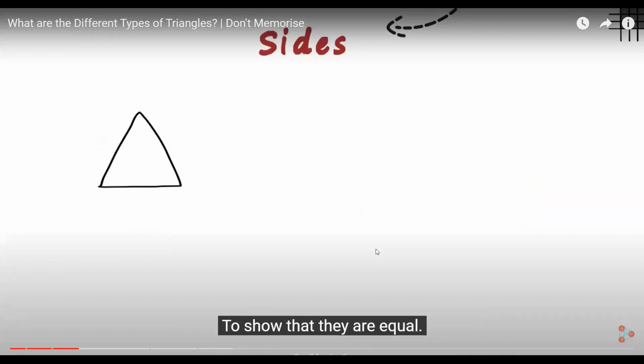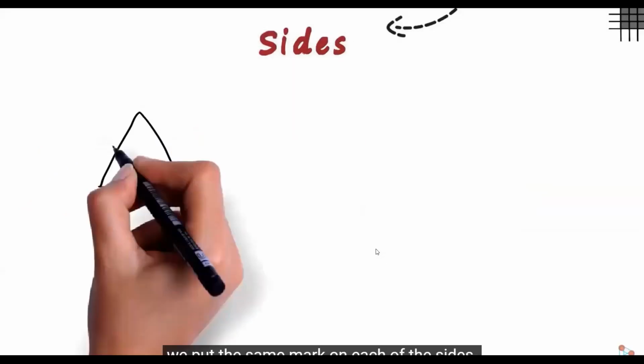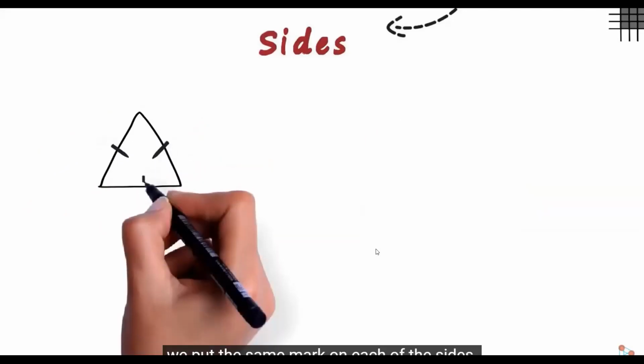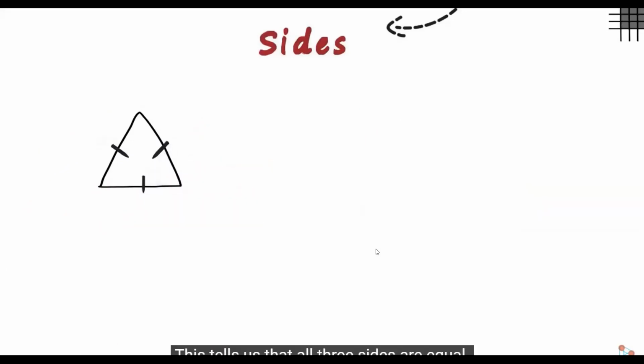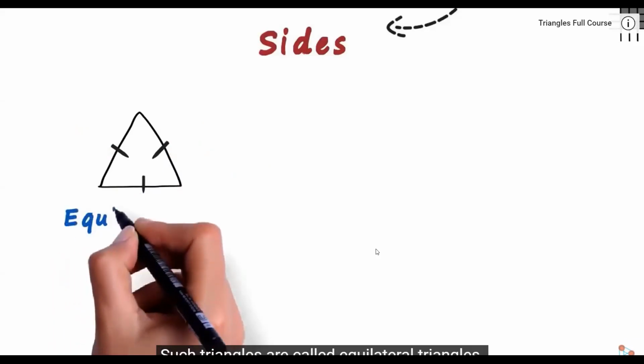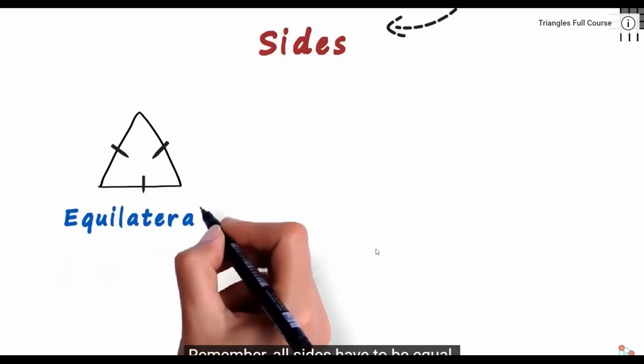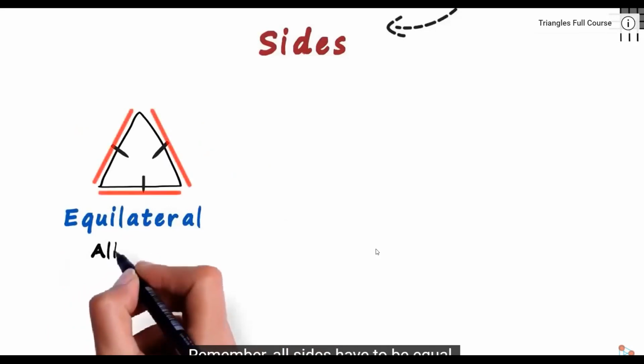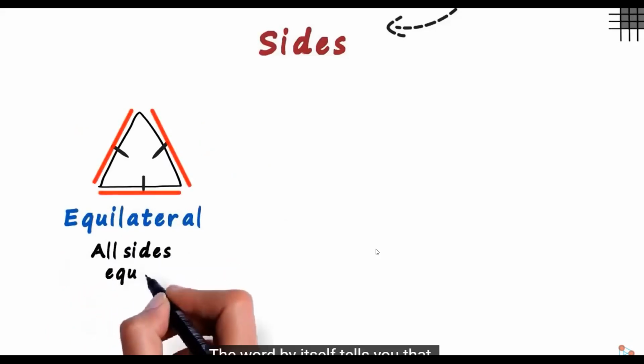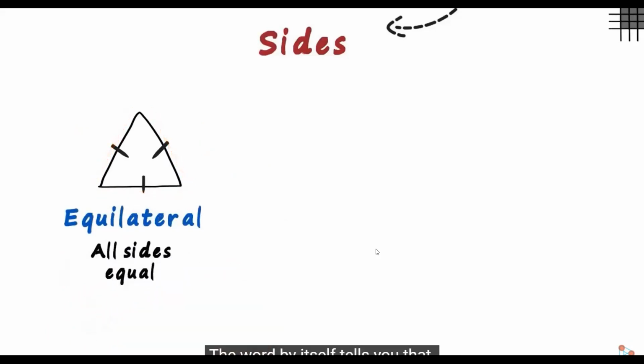To show that they are equal, we put the same mark on each of the sides. This tells us that all three sides are equal. Such triangles are called equilateral triangles. Remember, all sides have to be equal. The word by itself tells you that. Equi is equal and lateral is side.